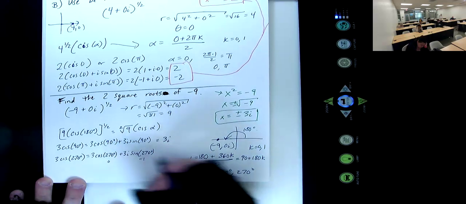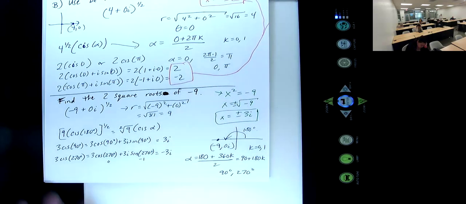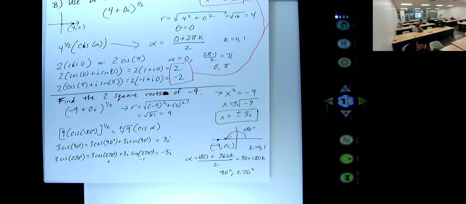That's 0 and -1, so we get a -3i there. So it works on square roots of both positive and negative numbers just fine, we just did it with 2 different examples.